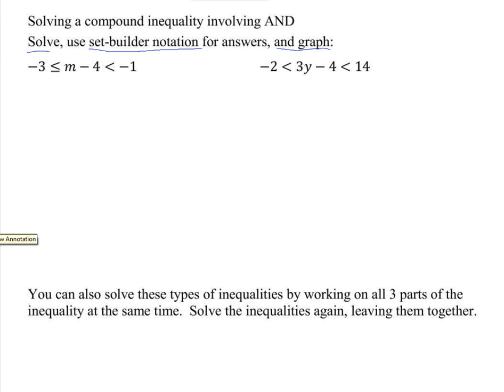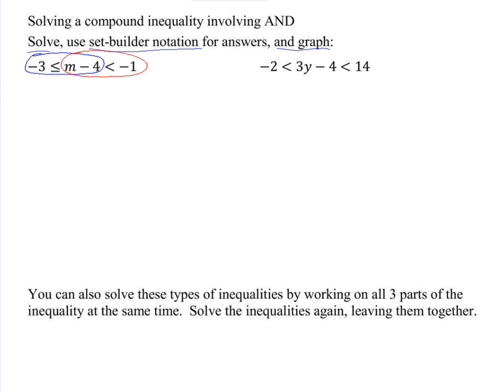There are 2 ways you can do these problems. The most common way is to split this into 2 separate inequalities and then solve. This is one inequality right here. This is the other inequality right here. The stuff in the middle is shared by the 2 inequalities.